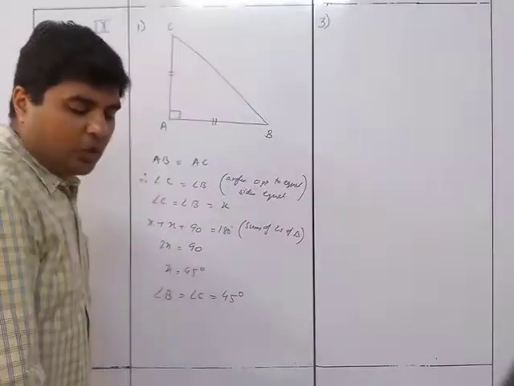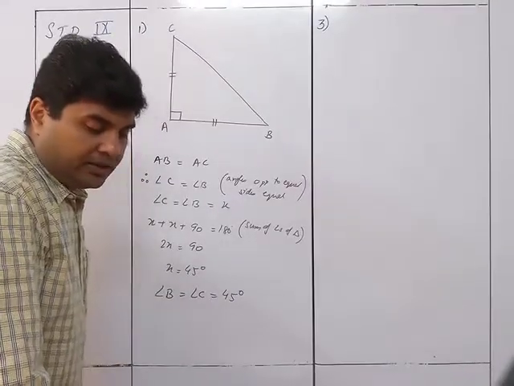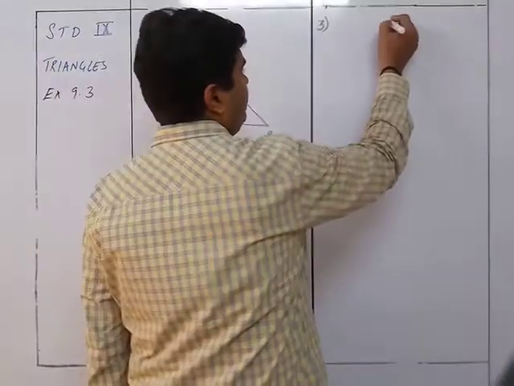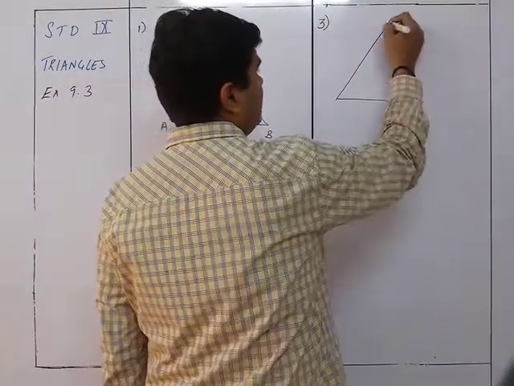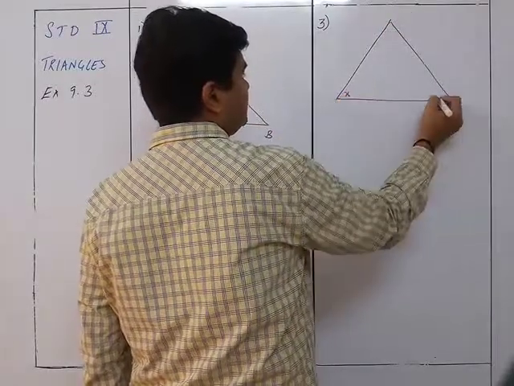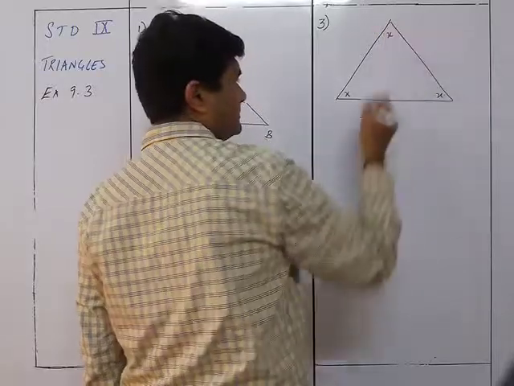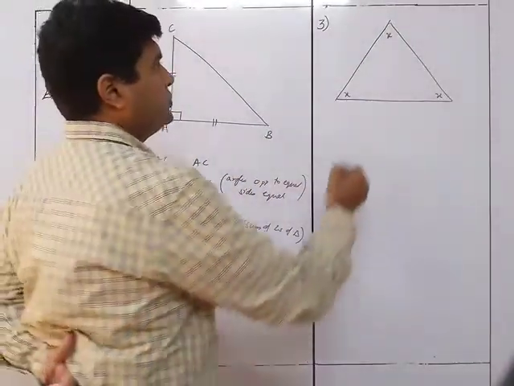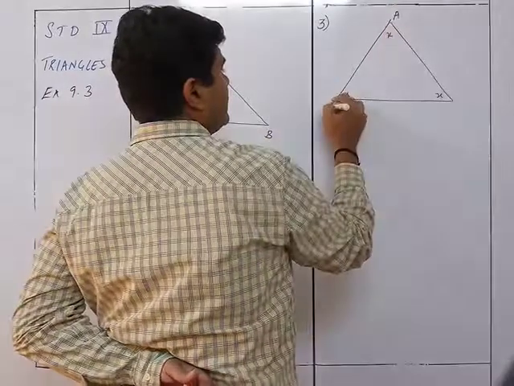Show that every equiangular triangle is equilateral. So we have over here a triangle which is equiangular. We say over here that this is x, and this is x. So we name it as ABC.